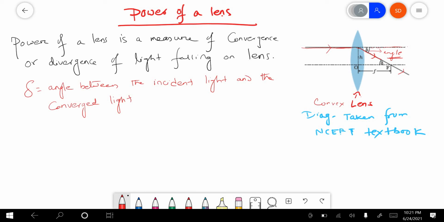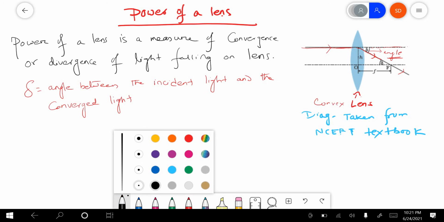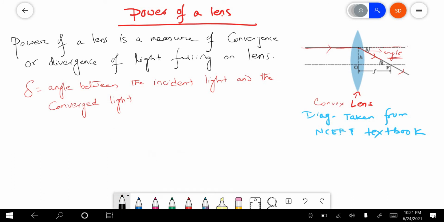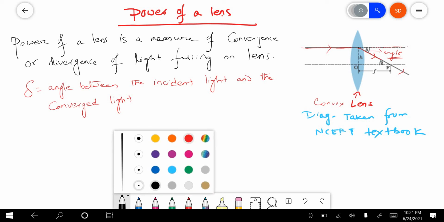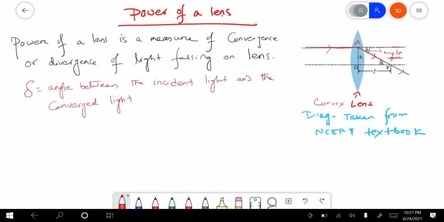From this figure, if you take tan delta, for example, this is A, this is F. Here F is the focal length of the lens.